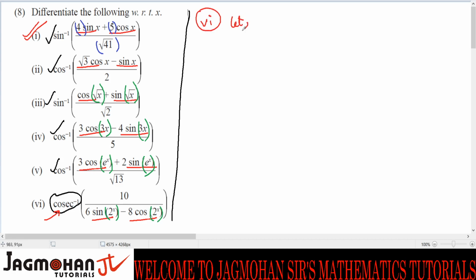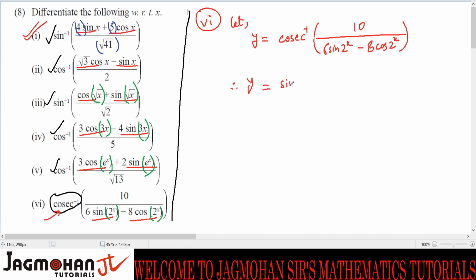So I start with, I write let y equals cosec inverse of 10 over 6 sine 2 raised to x minus 8 cos 2 raised to x. The very next step, therefore y equals sine inverse of, what will happen, students?